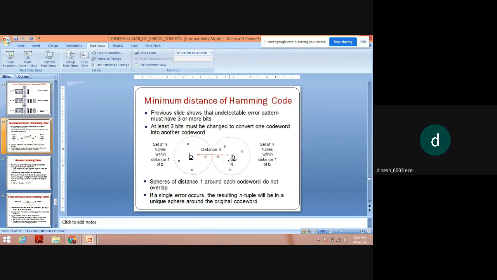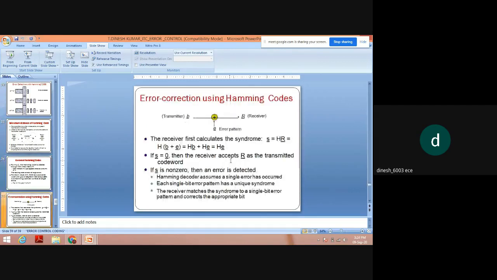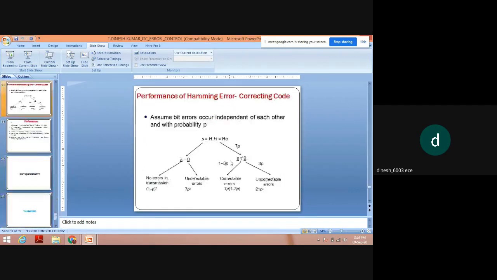Wait for the Hamming codes, which are our prior thing in unit number 3, Hamming distance, and the general Hamming codes, error correction using Hamming codes, and performance of the Hamming error correcting or detecting ability.